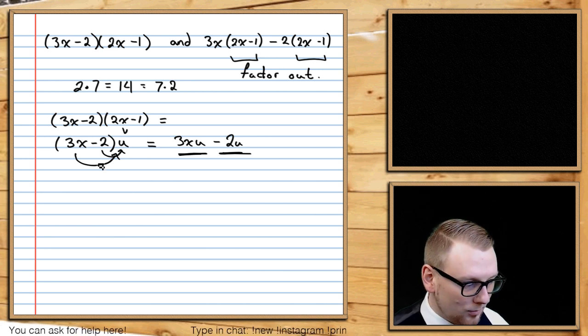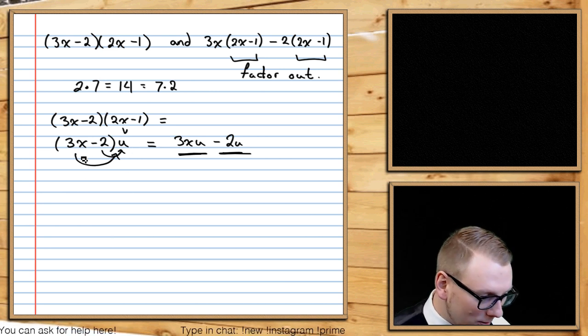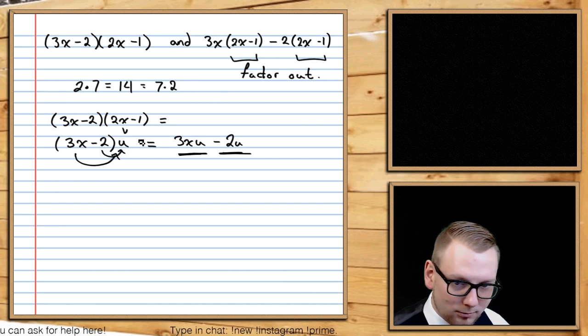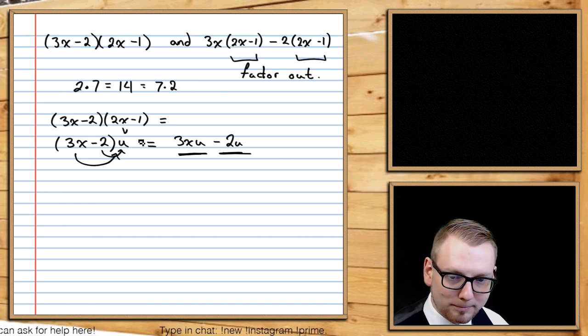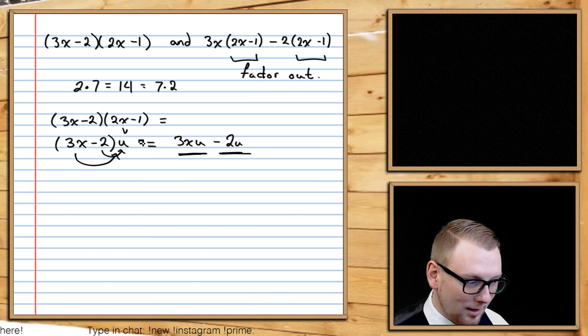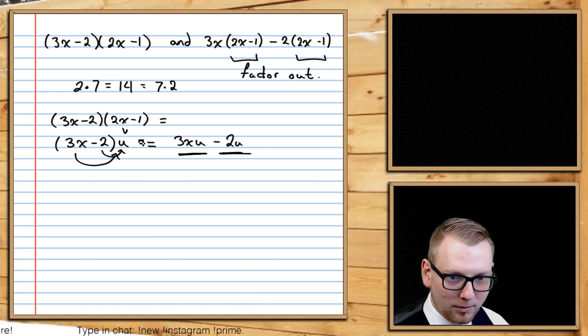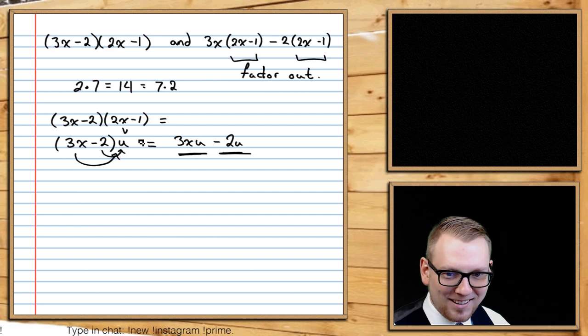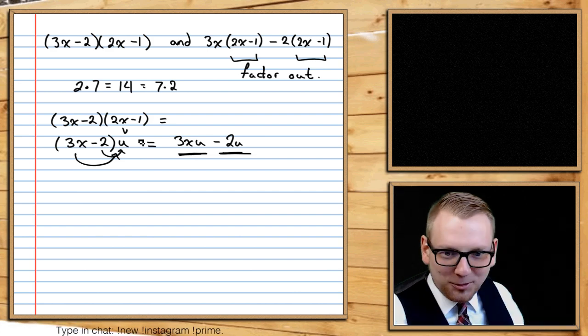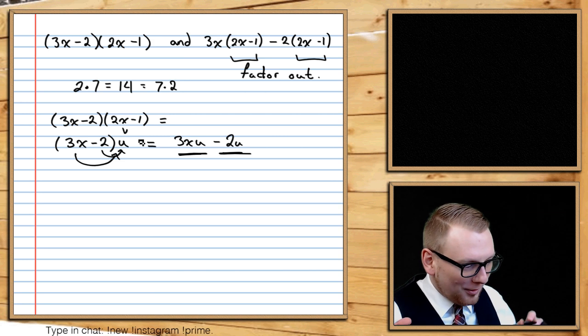You just multiplied the first term onto u and the second term onto u. Exactly.